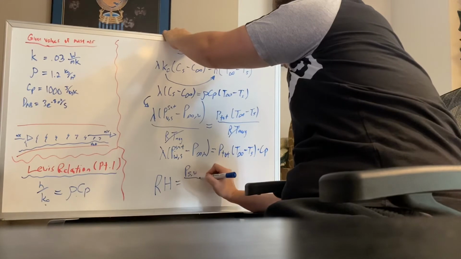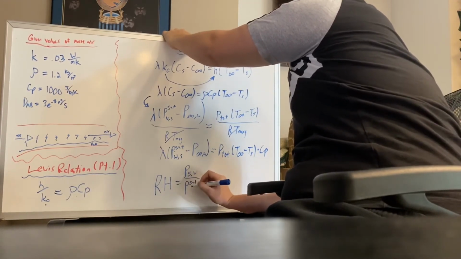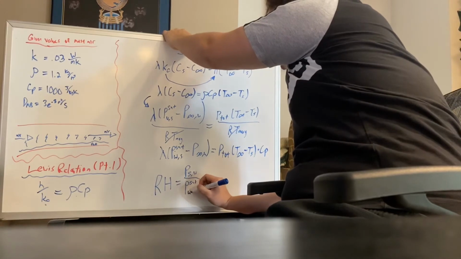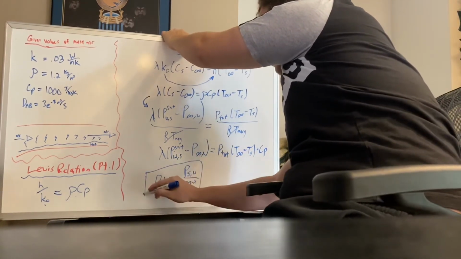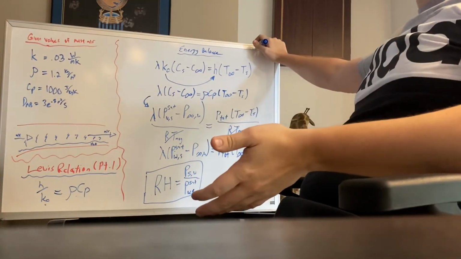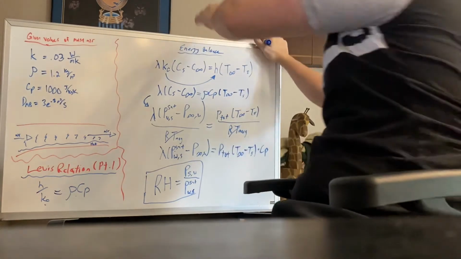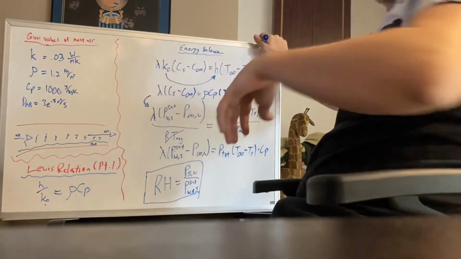Partial pressure of water at the surface divided by the saturated partial pressure of the water also at the surface. And so this is actually the equation that we wanted to look at, and this is also going to be reflecting on the temperature of the water that is there as well.